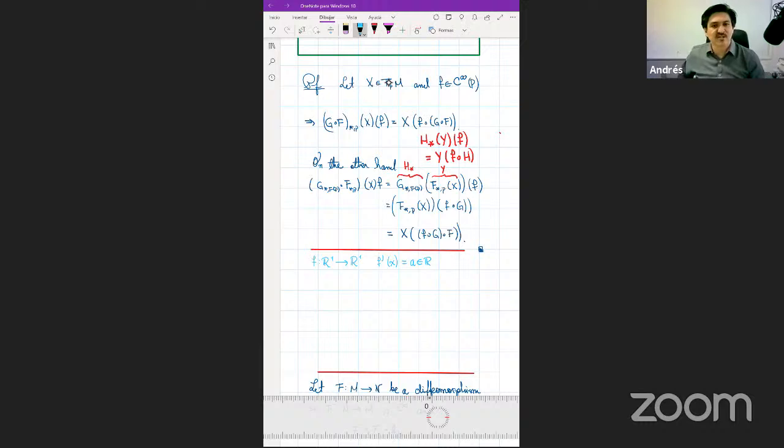So if you have a function from R to R, a function from calculus 2, you compute the derivative, right? And that's a number. In this language, you have a 1 by 1 matrix. Okay?